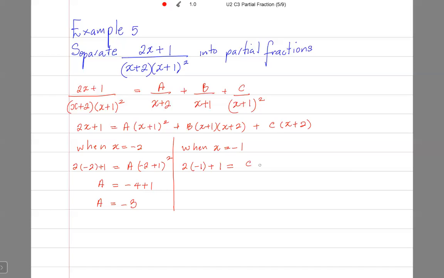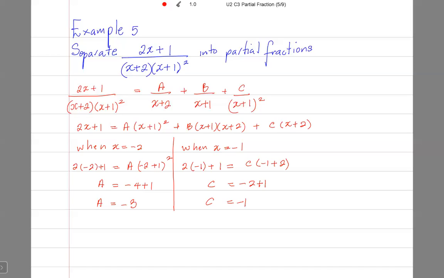So I'm going to have C into minus 1 plus 2. Minus 1 plus 2 is 1. 1 times C is C, and this would be equal to minus 2 plus 1. Minus 2 plus 1 is minus 1, so C is minus 1.